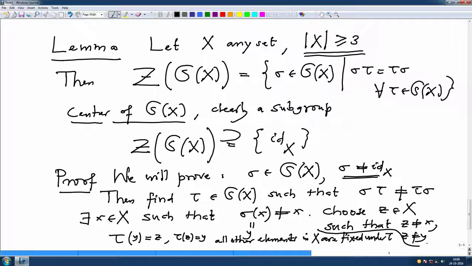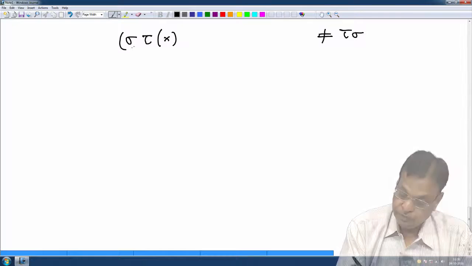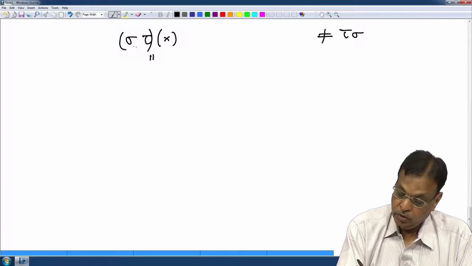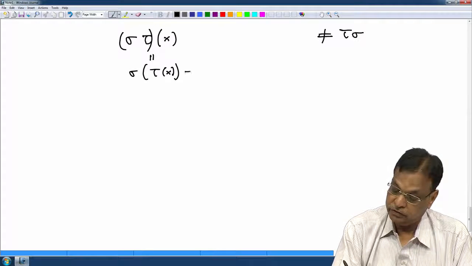And now we just have to check that sigma tau is not tau sigma. So let us evaluate this on x. Sigma tau evaluated at x is sigma of tau x. But x is different from y and z, so tau x is x.